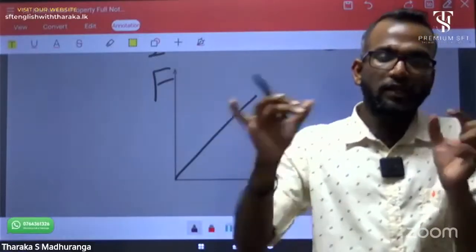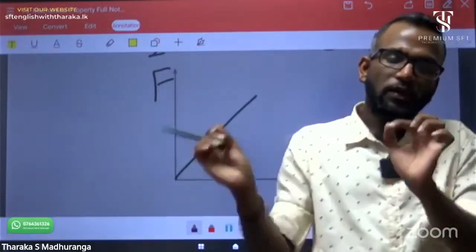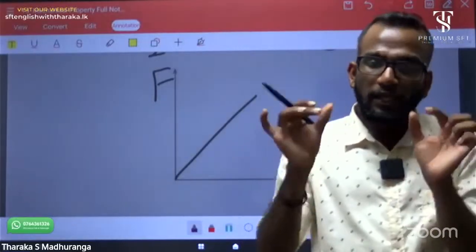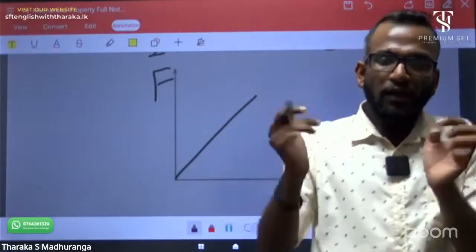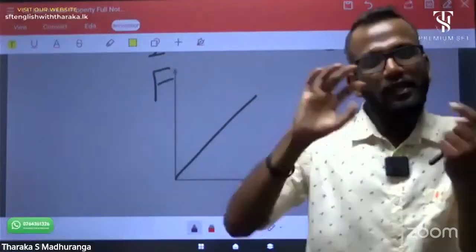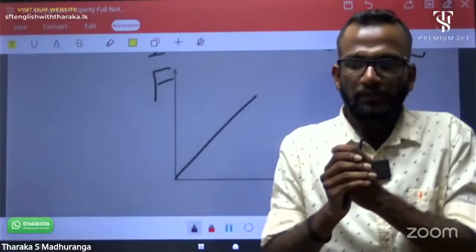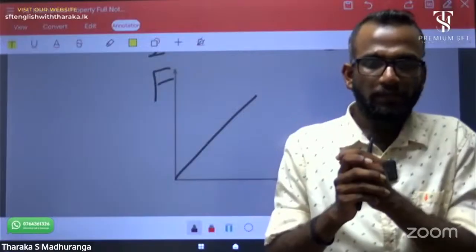When we draw any graphs or prepare any equations, always take the independent factor as x and the dependent factor as y.